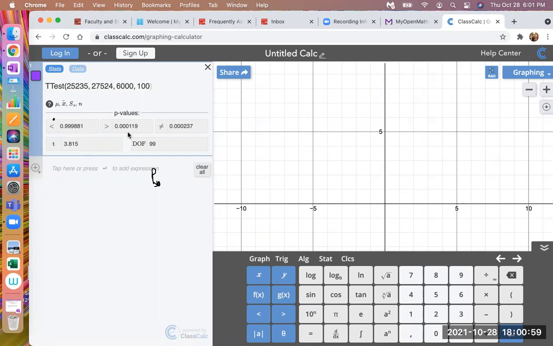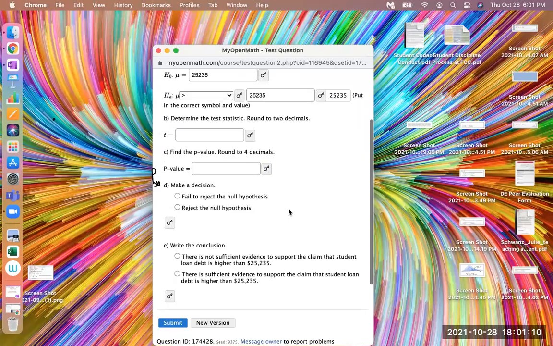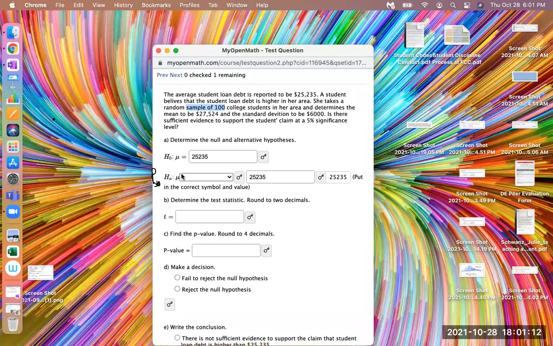Which one do we need here? To figure out which one, we just look at the direction that the inequality is in the alternative hypothesis. So we go down here to the alternative hypothesis, and the inequality is facing toward the left, the alligator's mouth is facing toward the left, if you want to think about it that way.